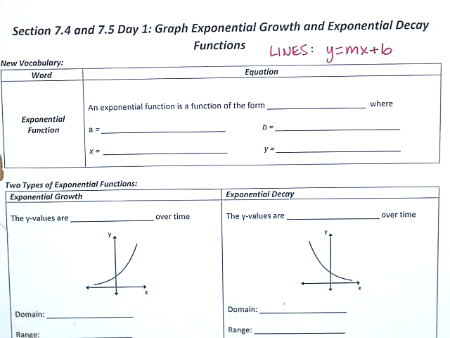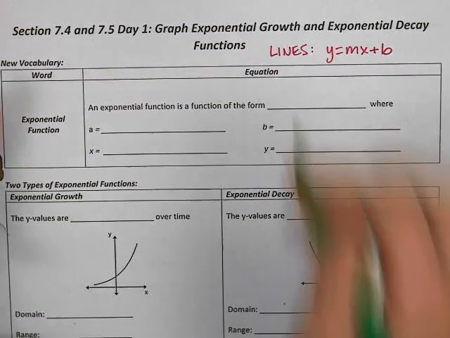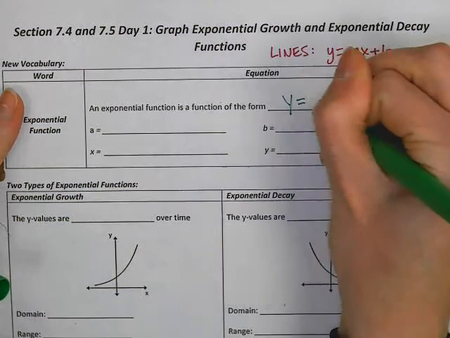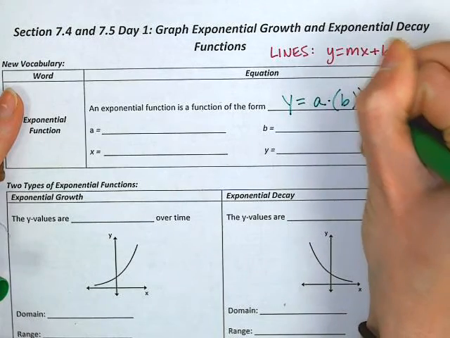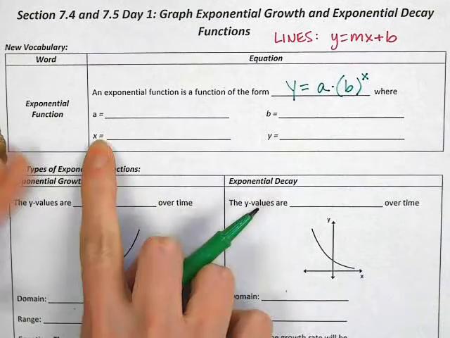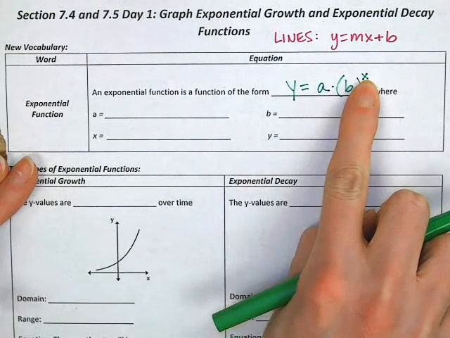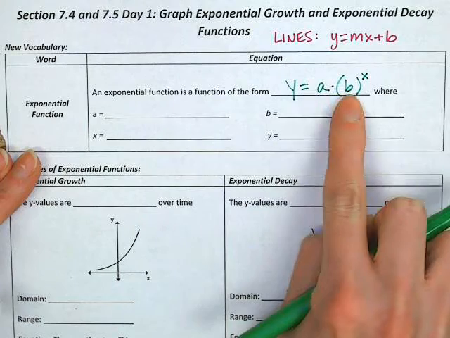Today we're going to learn the formula for exponential curves. And here it is. It's y equals a times b to the x power. Let's talk about what those things are. So x is obviously the x values. Y is obviously the y values, but we don't really know what a and b are.